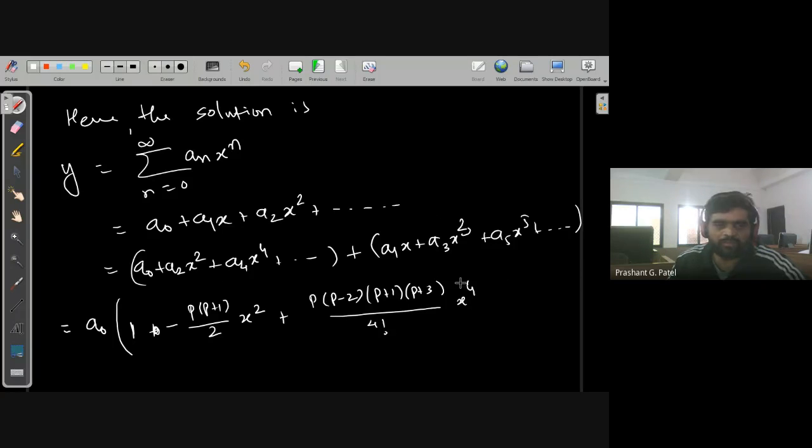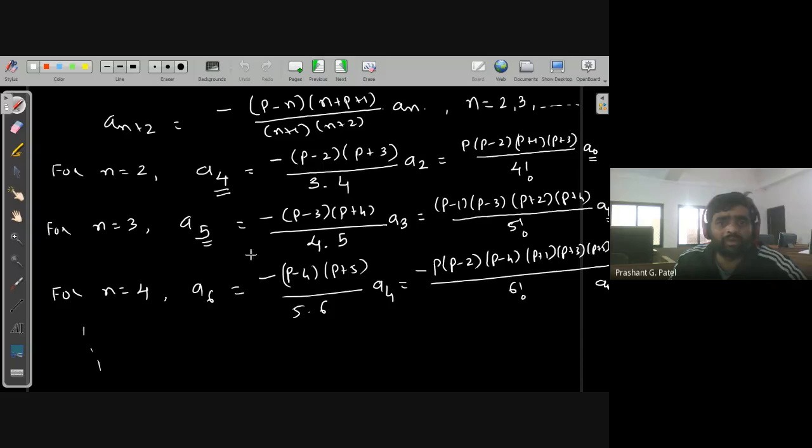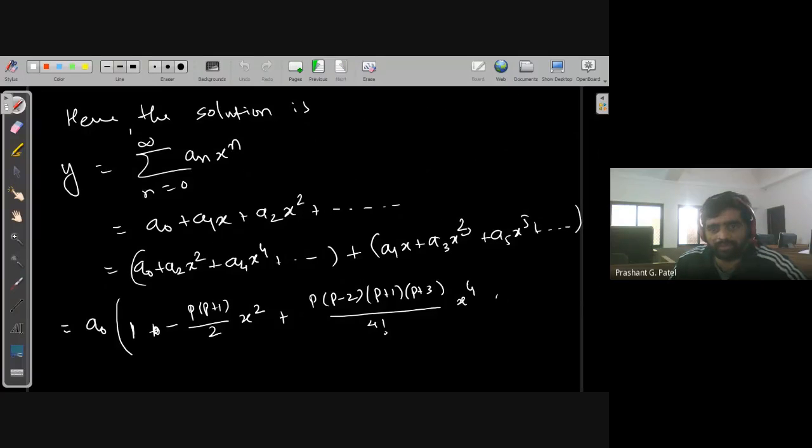Then the next term is the coefficient of x raised to 6, which I am not writing. I am just saying that it has an alternating sign here.